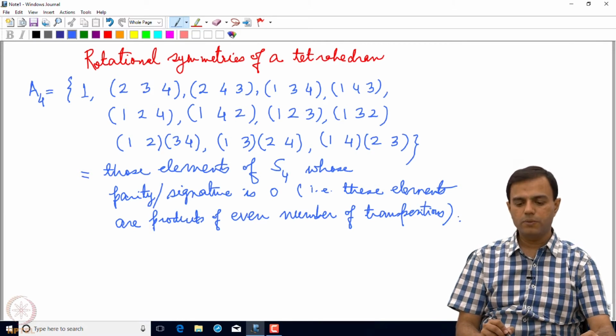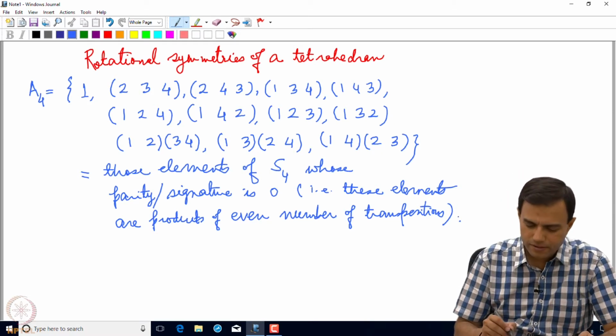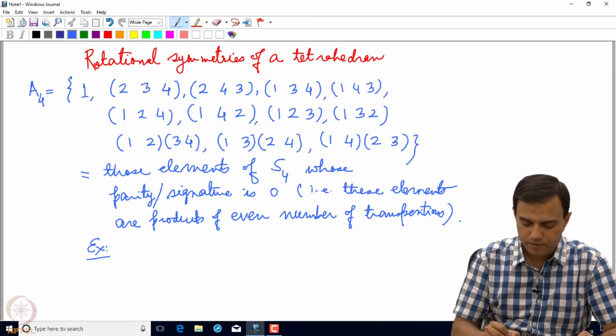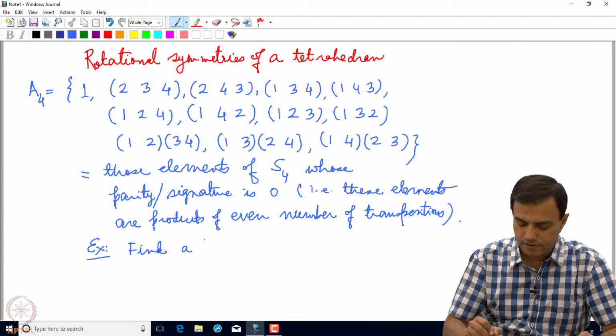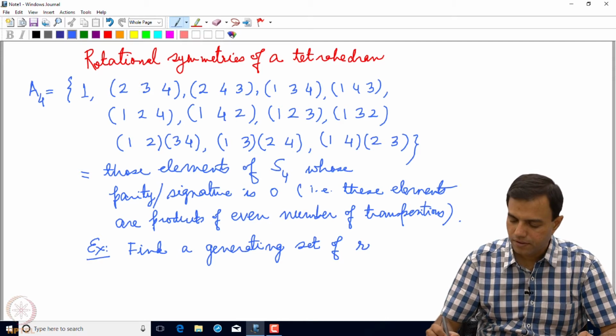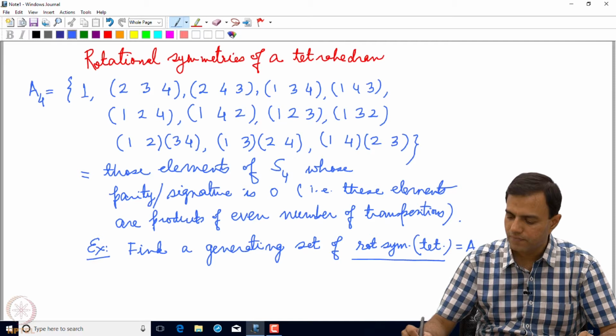And now what about the Cayley graph of this? So maybe that you should do in the assignment. So an exercise for you would be, first find a generating set of this group, the rotational symmetries of the tetrahedron, which is A4.